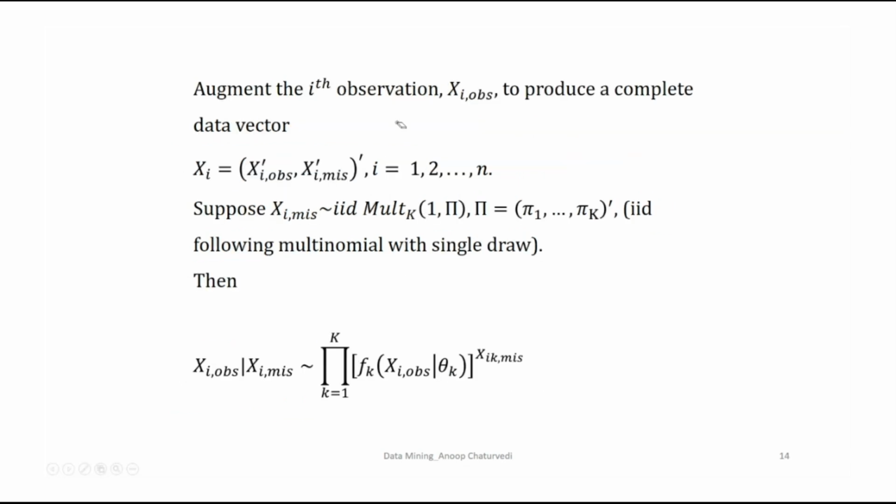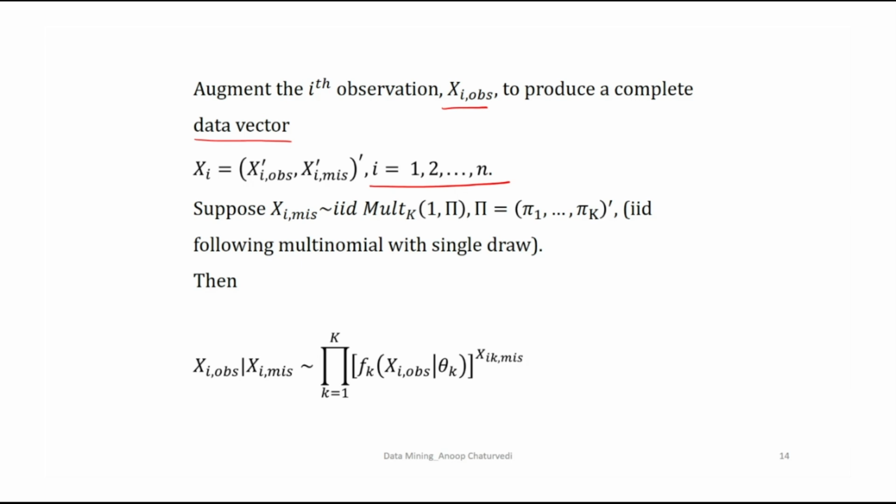Now, we augment the ith observation x_i observed to produce a complete data vector. We augment the observed value with the missing value. So, we write x_i equal to (x_i observed transpose, x_i missing transpose) whole transpose for all i equal to 1 to n. So, what we have done? We have converted the mixture of distribution problem to a missing data problem.